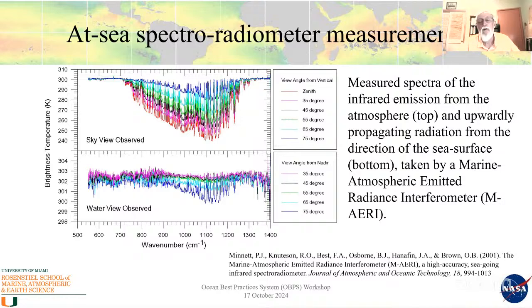It's the number of waves of infrared radiation in 1 centimeter. So 1,000 wave numbers is 10 micron wavelength. The bottom set of lines is pointing at the sea at different angles for each color.